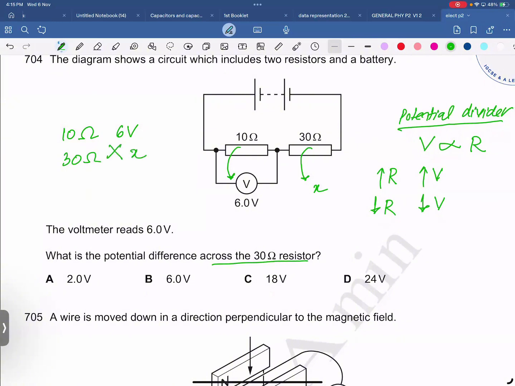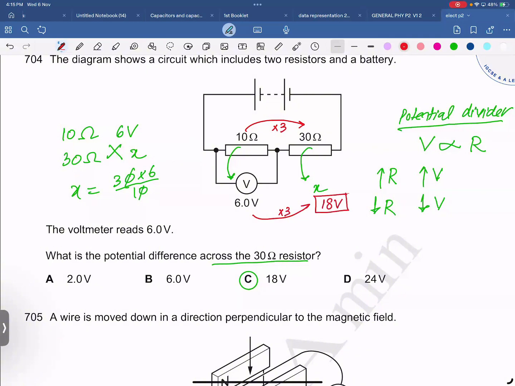Cross multiply, so x will be 30 times 6 over 10. Answer is 18. There is another way to look at it. Since the resistance is times 3, the voltage will also be times 3. The answer should be 18. It's easy. Voltage share is proportional to resistance.